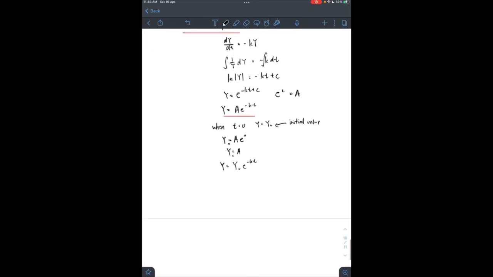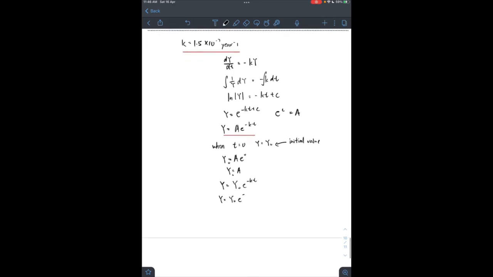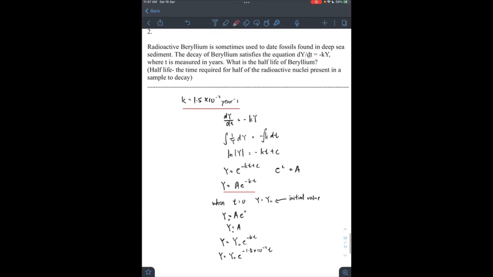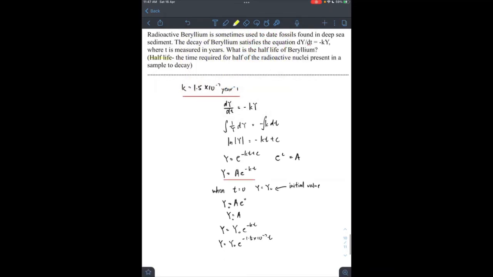The constant is given, so we can substitute into k, negative 1.5 times 10 to the power of negative 7 times t. What they want is the half-life. Half-life is the time needed for half of the radioactive nuclei present in the sample to decay.